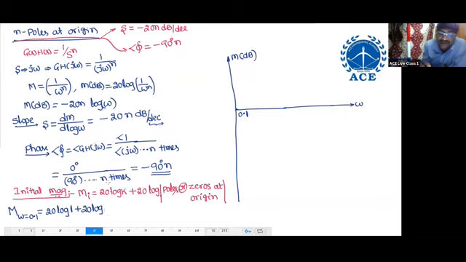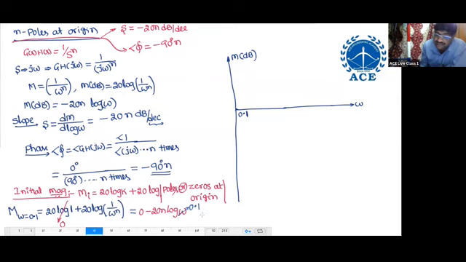The magnitude is 1 by omega power n. In place of S, put omega, that's all. Now solve this. 20 log 1 is 0. This can be written as 0 minus 20n log omega. What is the omega value? 0.1.